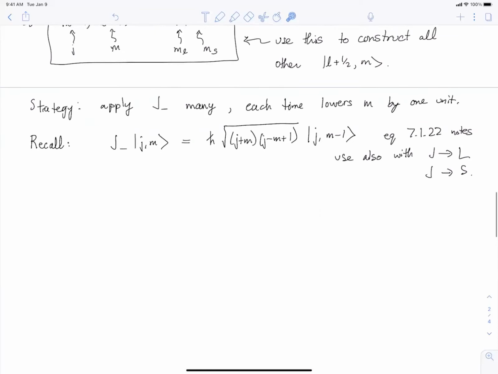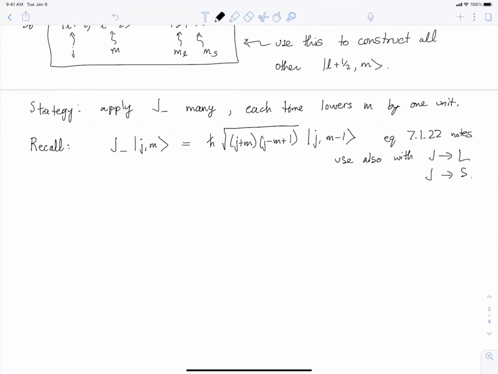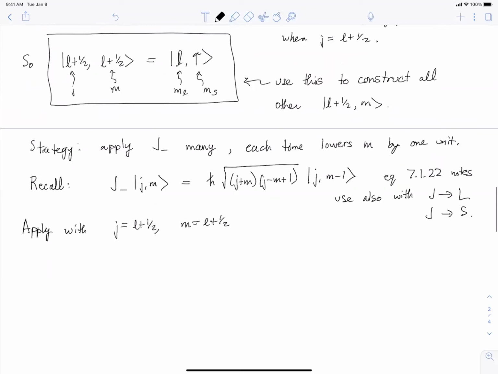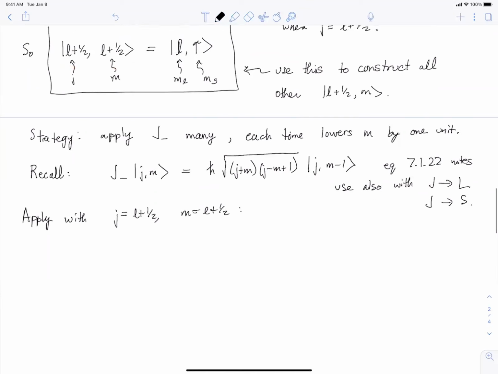So the first thing we're going to do is apply this with J equals L plus 1/2 and M equals L plus 1/2. And that's because we already know what that state is, so it's a good thing to apply it to that. And so what does that tell us?